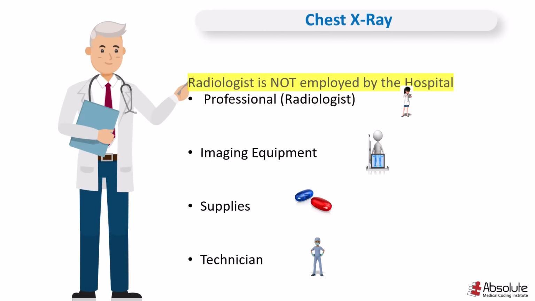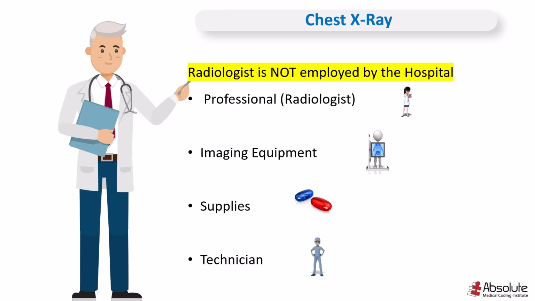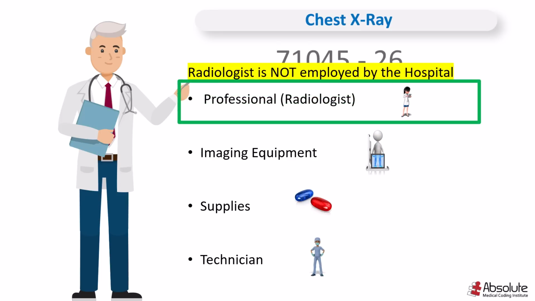Well, when the radiologist is not employed by the hospital, the radiologist will have to bill for the professional services or the professional component of that global code. And it will look like this: 71045 modifier 26.